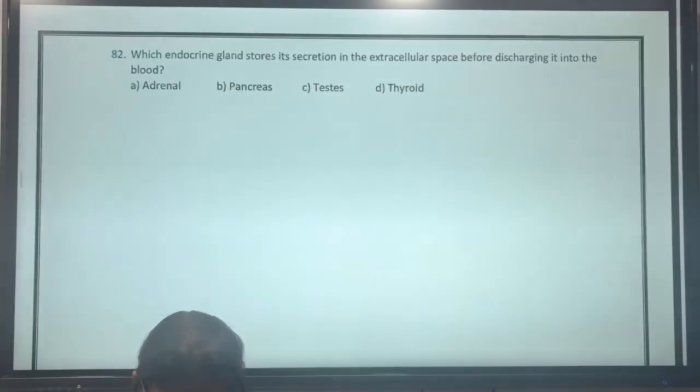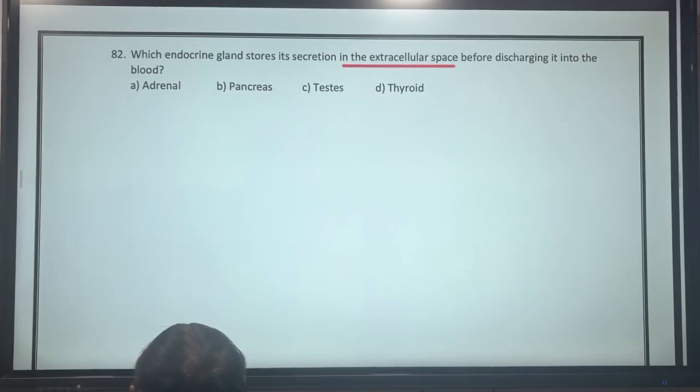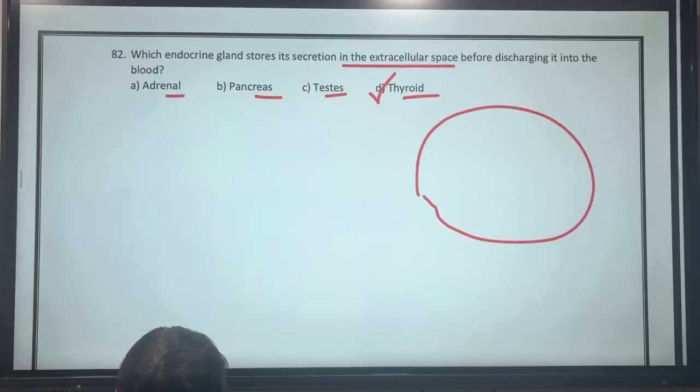Going to 82nd question. The endocrine gland that stores its secretion in the extracellular space before discharging into the blood is: A, adrenals, B, pancreas, C, testes, D, thyroid. Answer is D, thyroid. Thyroid gland has a follicle.